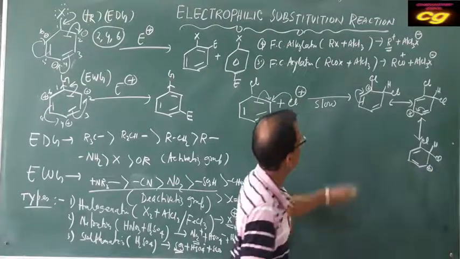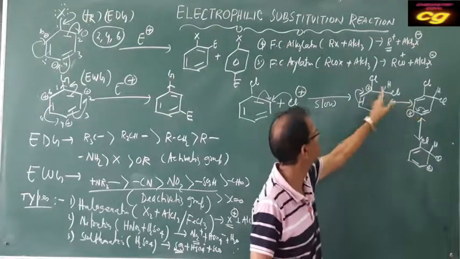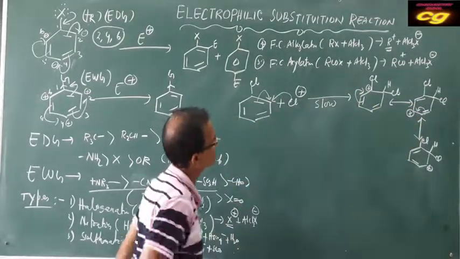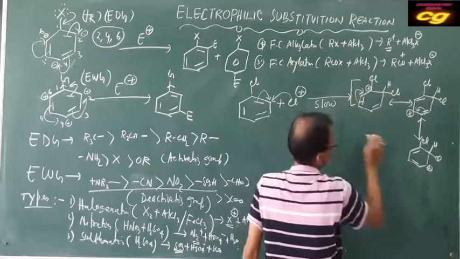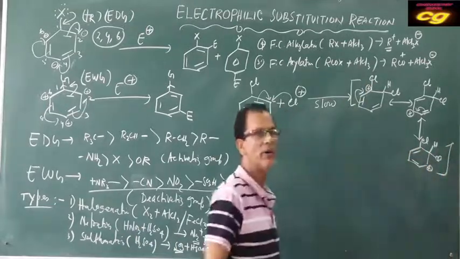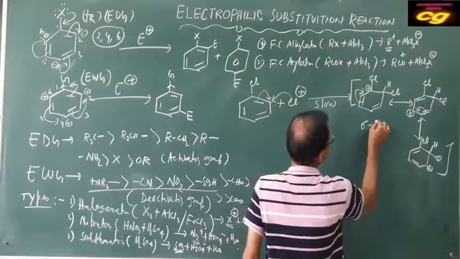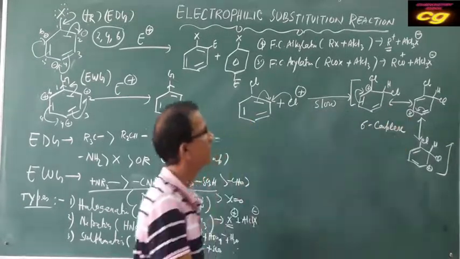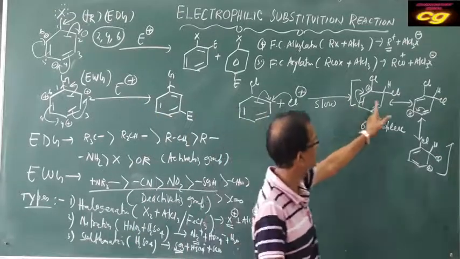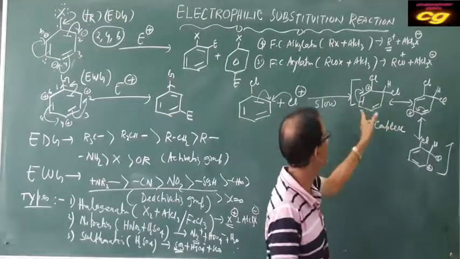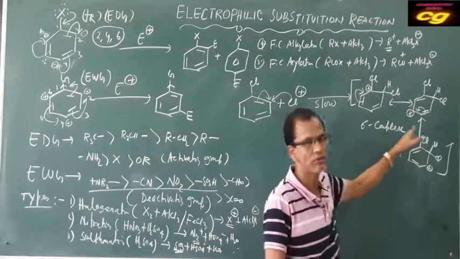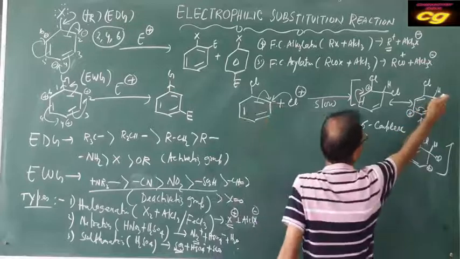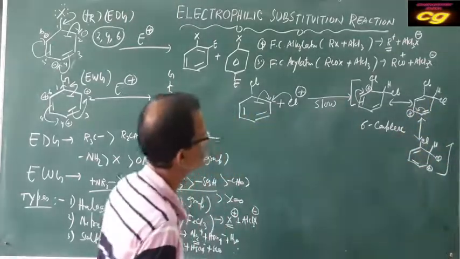You see, the plus charge is forming on different carbons by resonance. Up to this we can say this is called the sigma bonded complex. This complex is produced and stabilized by resonance. The positive charge circulates through the ring by resonance, and it is called the sigma bonded complex because a sigma bond is produced here.